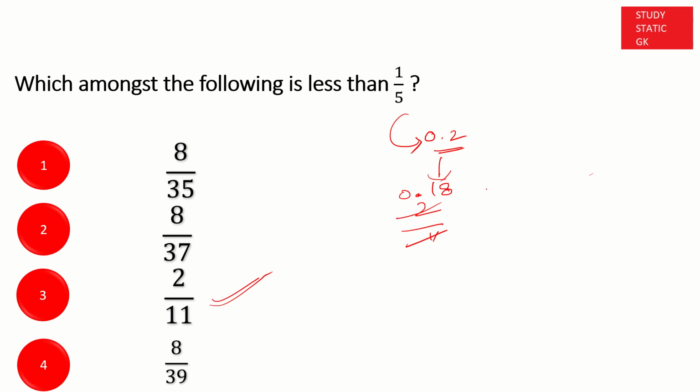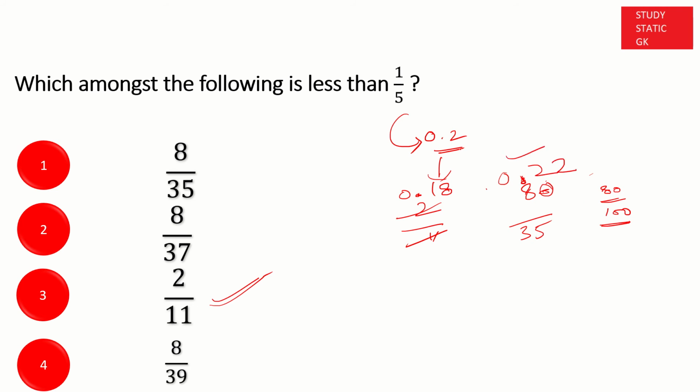If you want to check everything, then 8 by 35. It is 0.2 something. 35 2s are 70, remainder again, and again 100 is there. 35 2s are again 70.